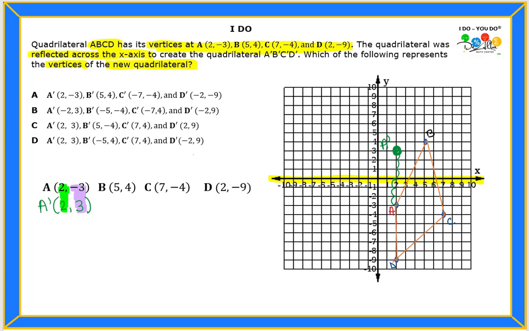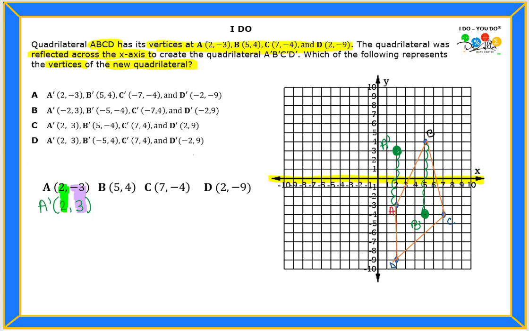So let's go ahead and analyze point B, okay? Vertex B is 1, 2, 3, actually 4 units away from the x-axis. So we're going to count 4 units down from there. So this will be 1, 2, 3, and 4. It will be right here, and this will be my B prime.